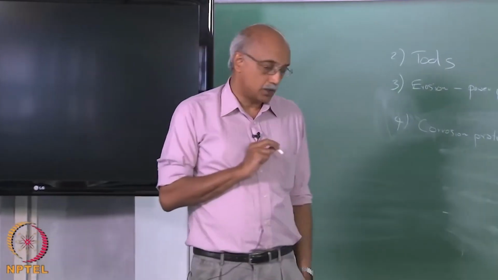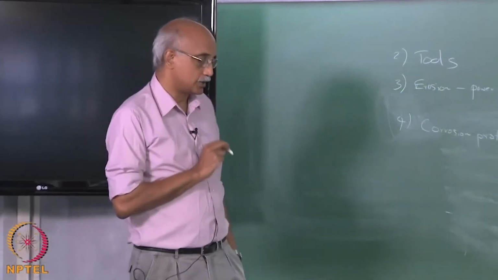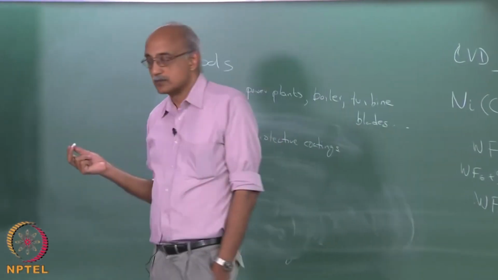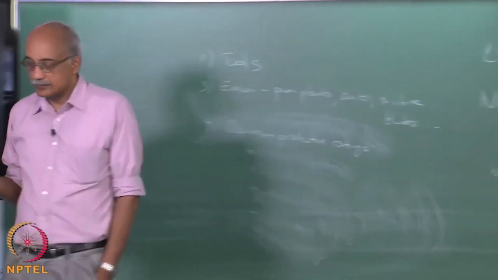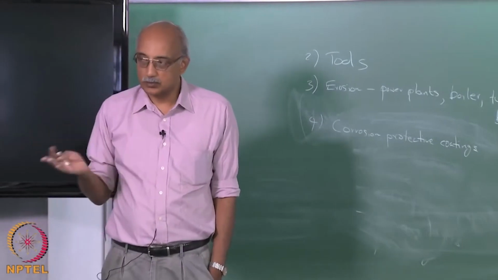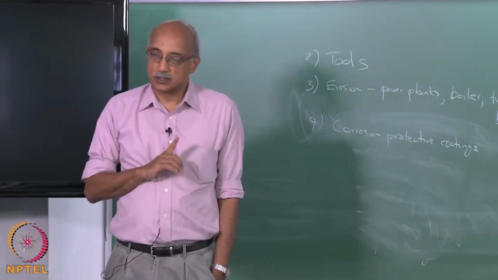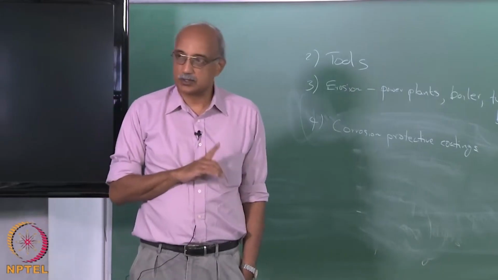Now, in order to protect from corrosion, there are different strategies that you can use, and certainly coatings are a way to do it. But in this particular instance, a coating is not the smartest way to do it.